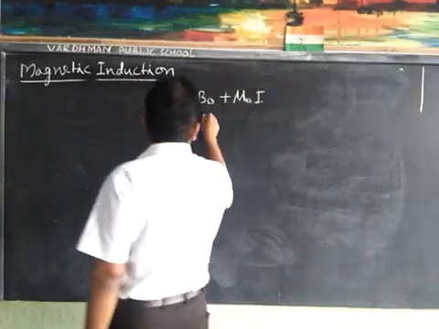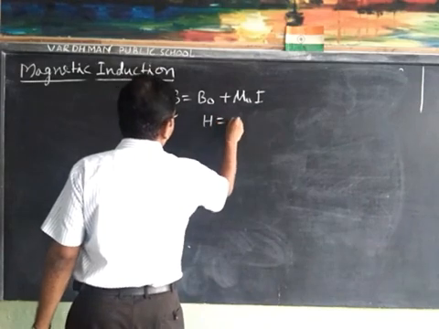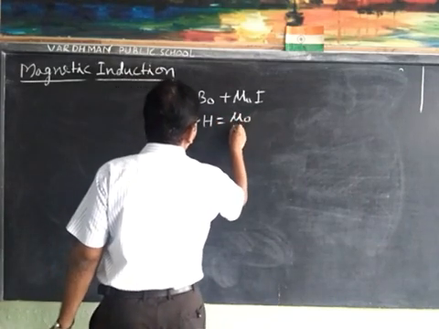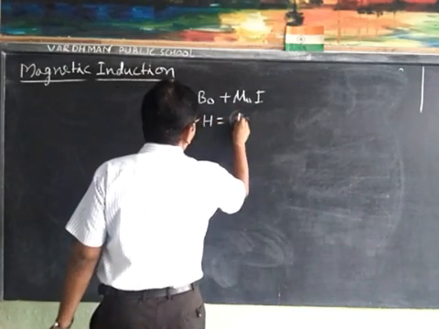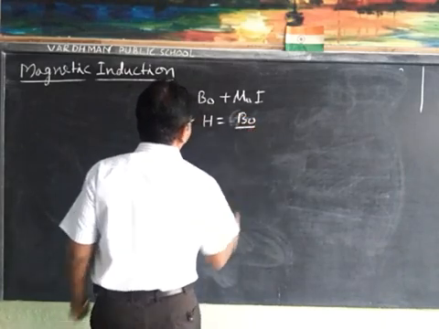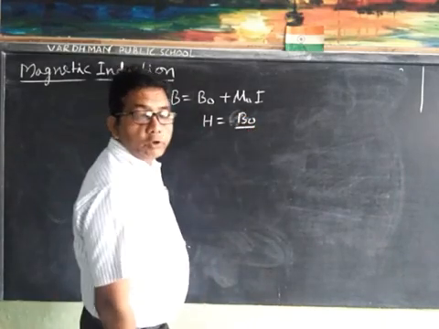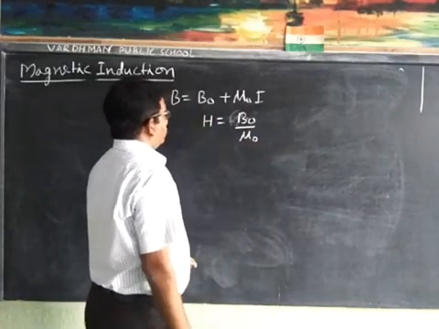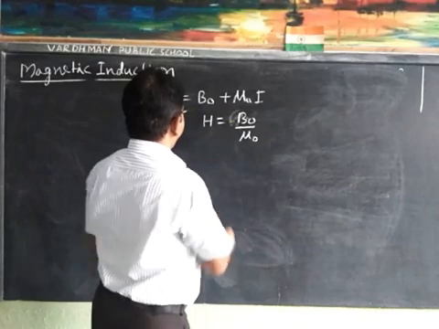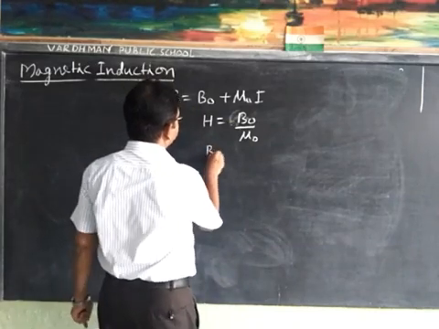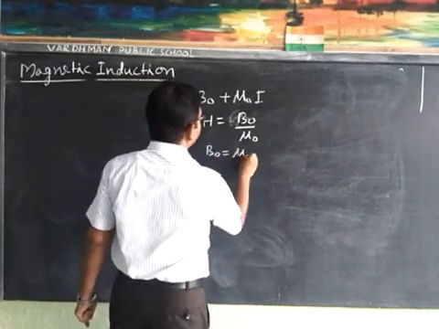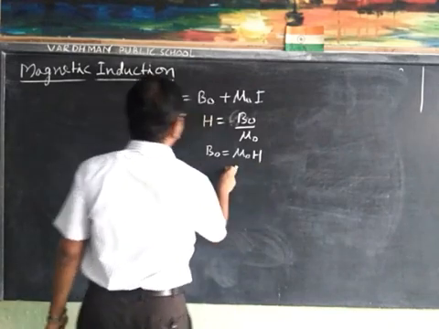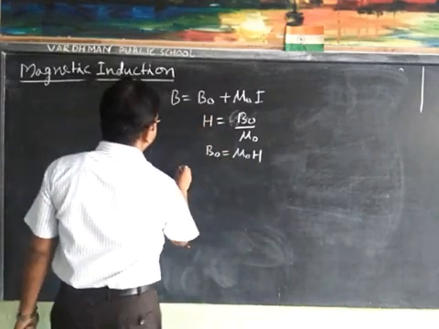Now we know H is equal to B0 upon mu0. Then from here B0 is equal to mu0 H. Now put the value of B0 in the equation.